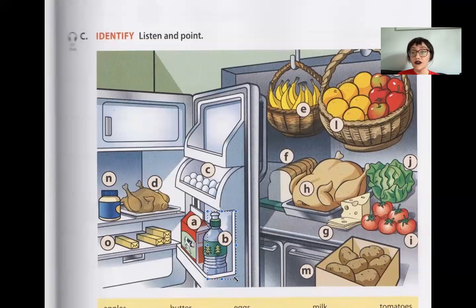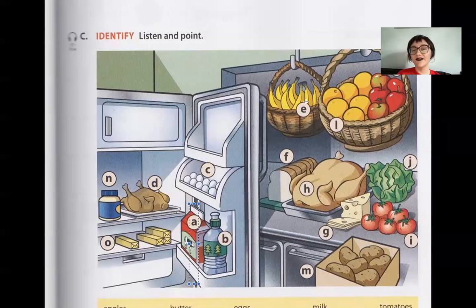That is water. Then we have milk, right? That's in a carton. It has a cow on it. It's milk. So in the fridge we have mayonnaise, chicken, butter, eggs, water, and milk.